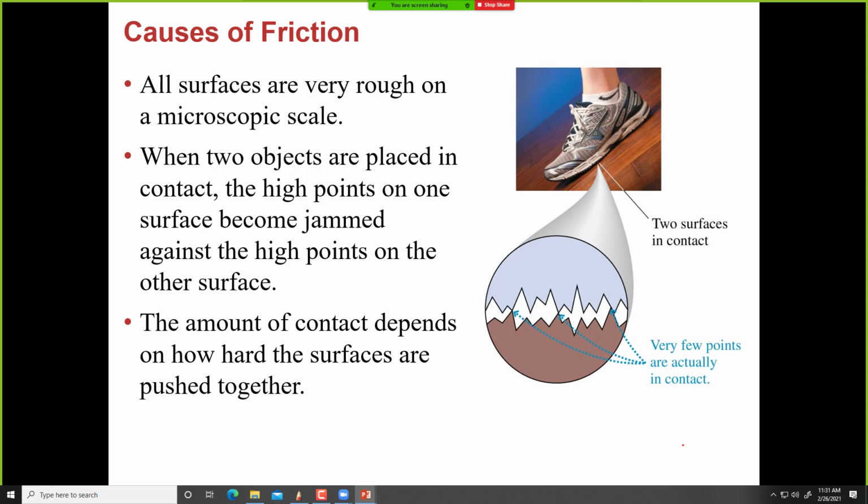If you look at this surface at the microscopic level, you will see all these tiny ups and downs, these high points and low points, and the cause of the friction is the jamming of these high points and low points. They lock each other. Because of the locking, there is friction, and the amount of friction depends on how much the two surfaces are compressed. The more the compression, the more the locking of the high points and low points. Okay.